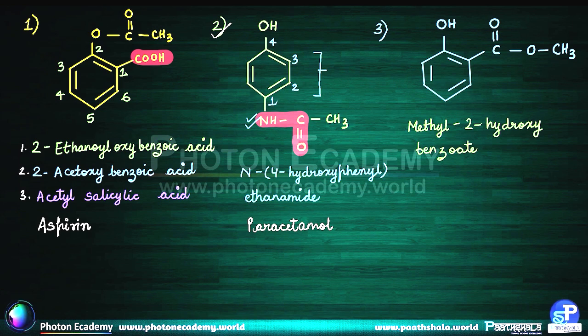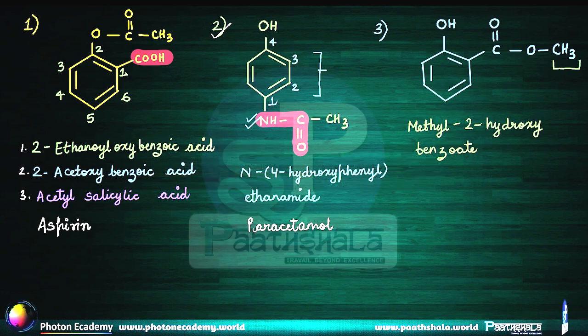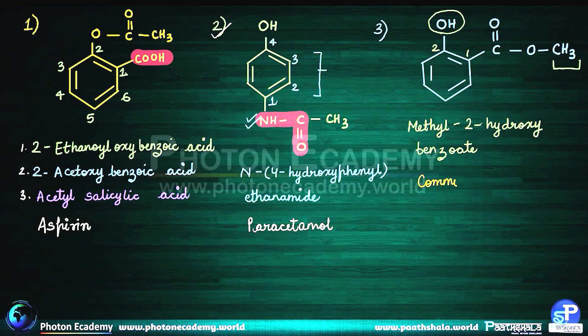The methyl we have from here, the benzoate is because of this benzene ring, and at the second position we have this hydroxy group attached. So the name of this becomes methyl 2-hydroxy benzoate. The common name to which we are aware of this is the oil of wintergreen.